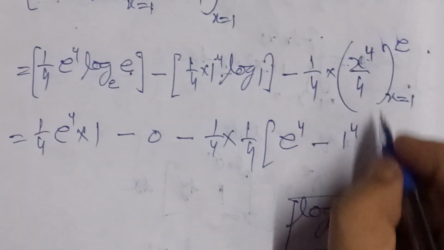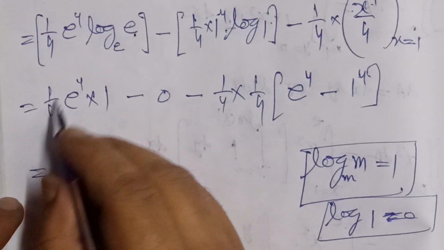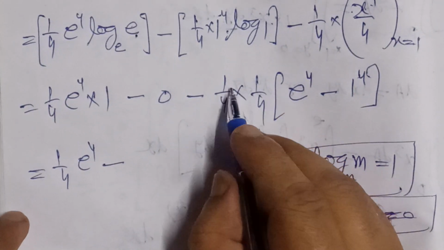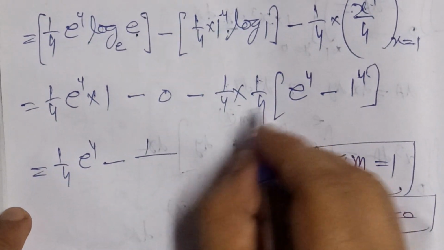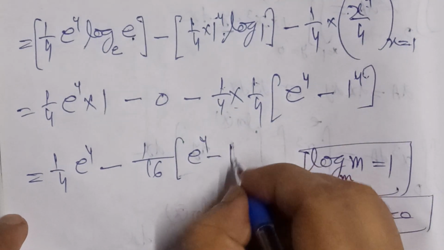Here the power is 4, so we get 1 by 4 times e to the power 4 minus 1 to the power 4, which is 1, and 1 by 4 times 4 gives 16.